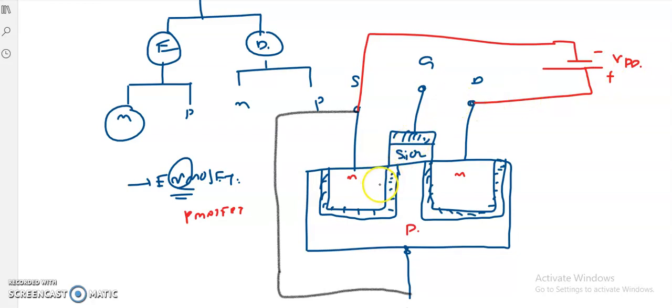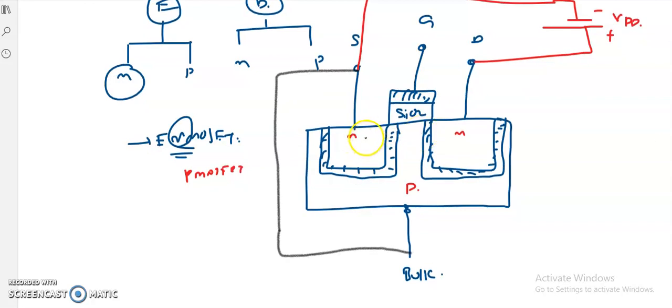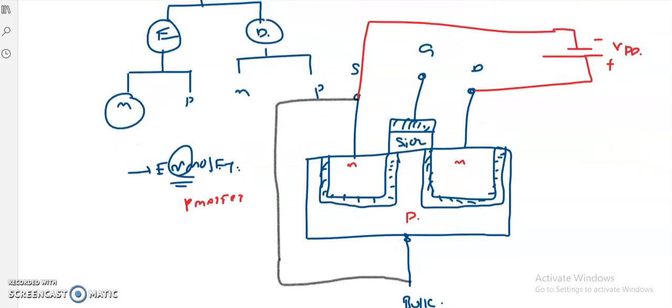Now if this MOSFET has to come into the conduction state, then some charge carriers have to flow from source to drain. If you observe, it is positive and negative, so the electrons have to come like this from source to drain, and then go like this. That means it has to form one loop like this.